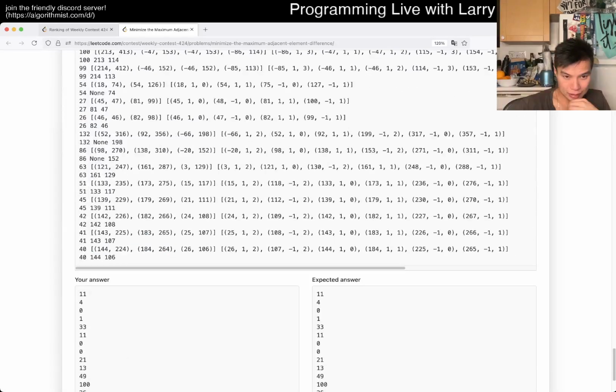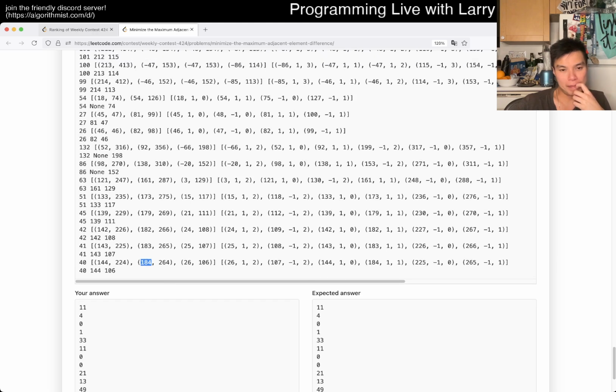No, this is... it thinks that. No. So 106 is fine. 144, is that fine? No, I'm doing it wrong, am I? So it should be 184. I'm taking 144, but the second number should be 184, because that's the second time that it would intersect, right?